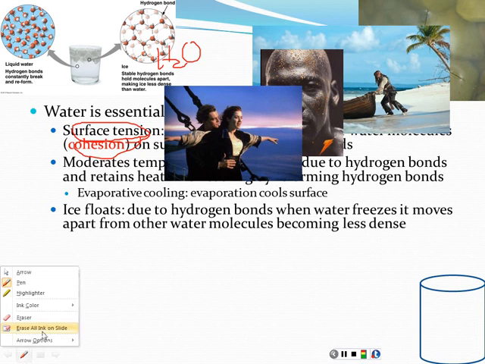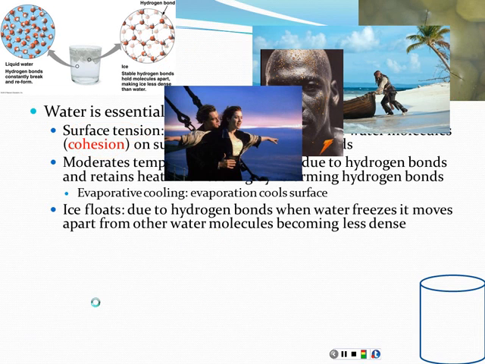And another property is that we all know that ice floats, and ice floats due to the hydrogen bonds. If you look at the hydrogen bonds in the liquid, notice how the molecules are closer, right? Compared to when it's actually frozen. Frozen, the water molecules tend to be further apart from each other.